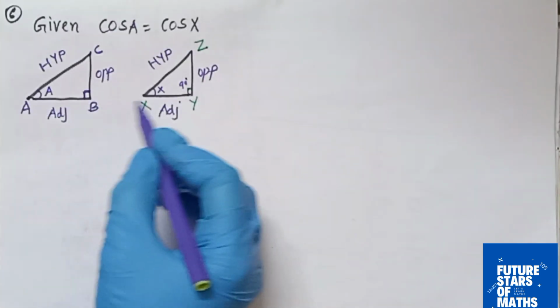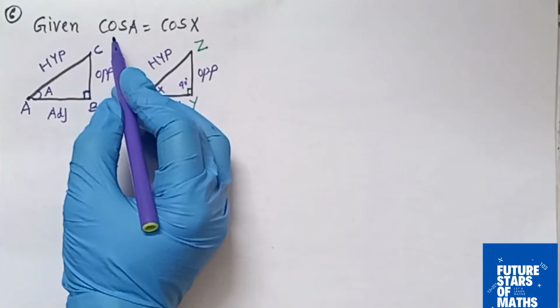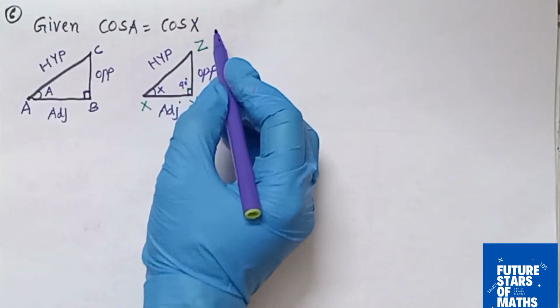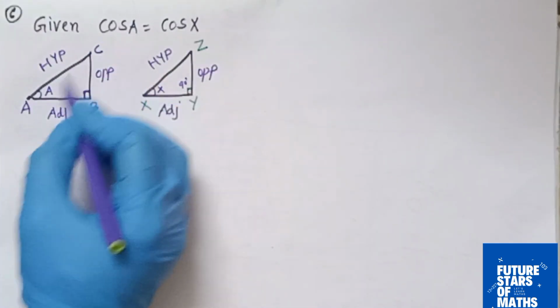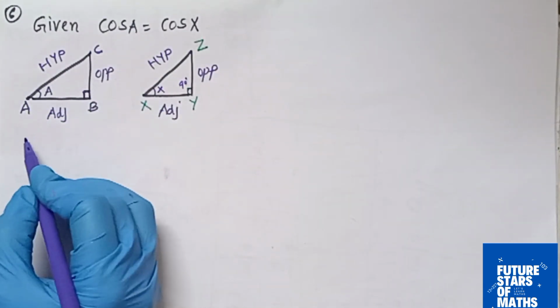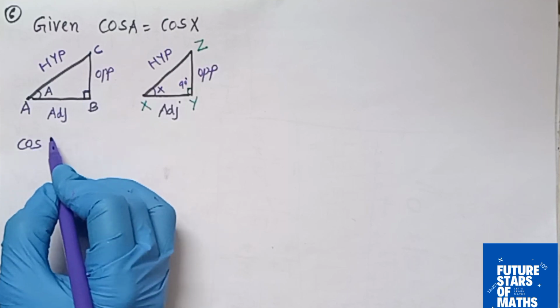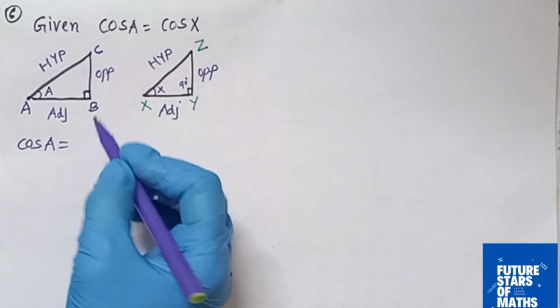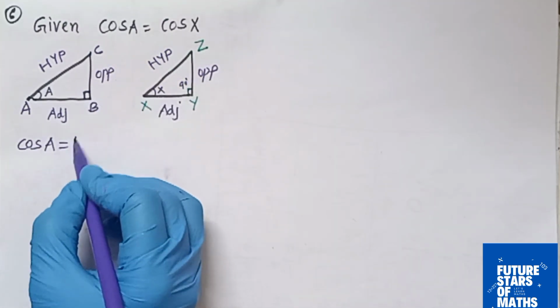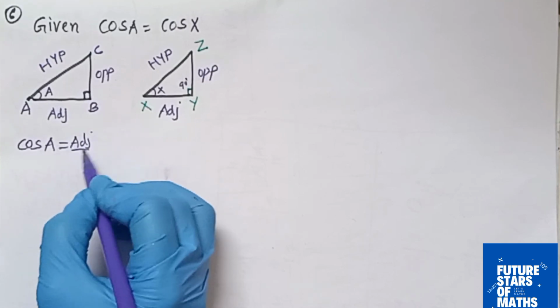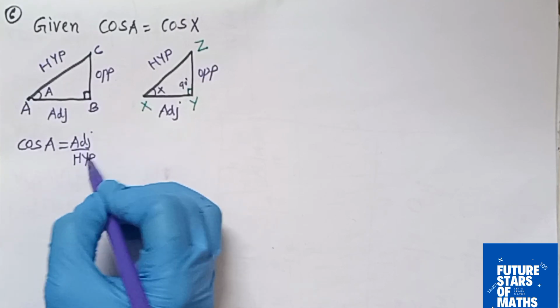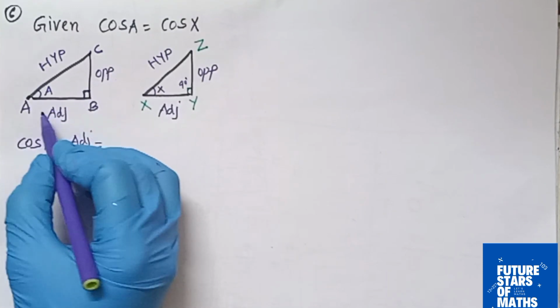Okay, so from these two triangles, what we have to find? Cos A and cos X. So from this triangle, we can write what is cos A. What will cos A be, students? You all know it is adjacent by hypotenuse. So what is the adjacent side here?